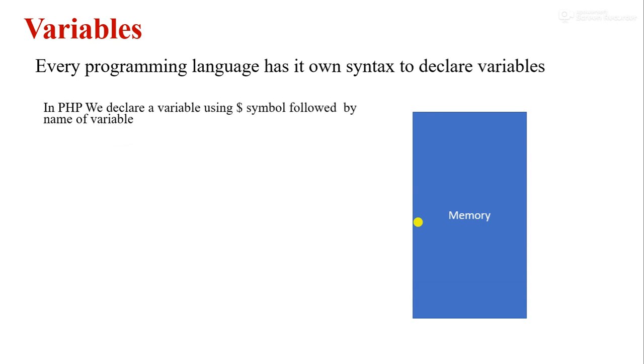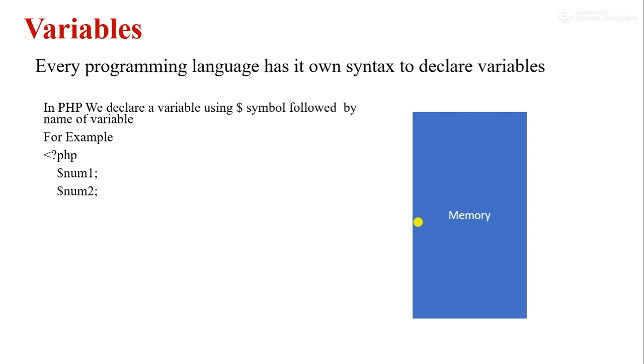In PHP we use the dollar symbol to declare a variable, and after the dollar symbol we need to write a valid variable name. So for example, first we need to open the PHP bracket, then declare a variable, say num1, to store the first number.